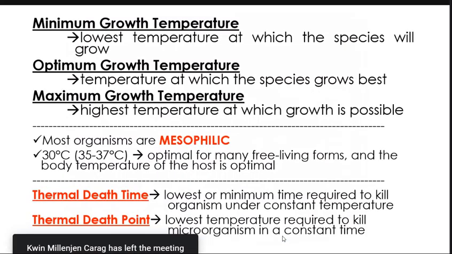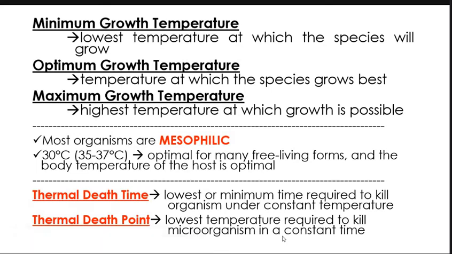Okay, so ito yung sinasabi ko kanina because you have a minimum, you have a maximum, then you have your optimal. So that when we say minimum, di ba may range ka pang 0 to 10, grows well at 0 to 20. So that your minimum would be, parang dun sa inyong psychrophile. They grow well at 0 degrees centigrade to 20 degrees centigrade. What would be your minimum growth temperature?